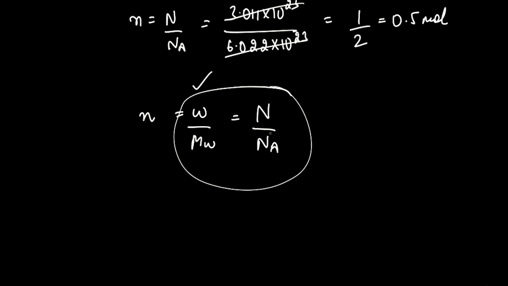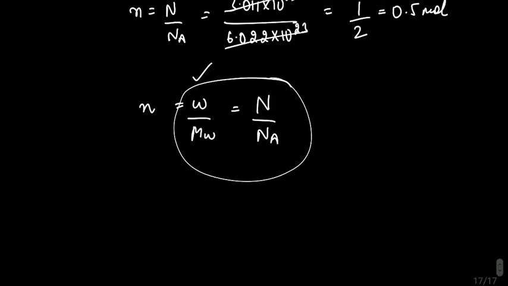They can ask you to calculate if it's a subjective question, but in objective, they can make a question out of it. It can be a little different. Anyways, they can ask you the number, they can ask you the mass, because this is constant, this is constant. In both the cases, the denominators are constant. So remember, these four values are all equal to each other.